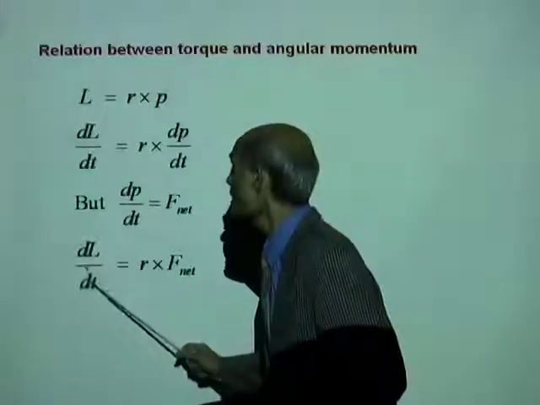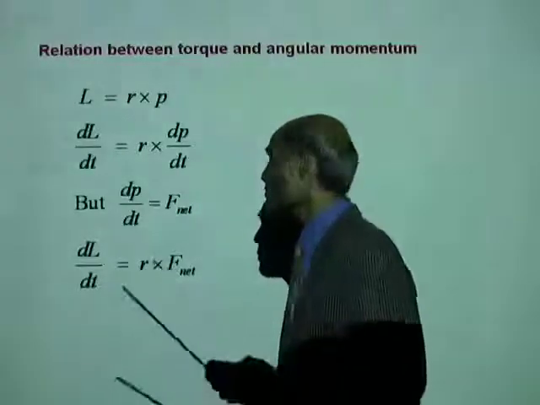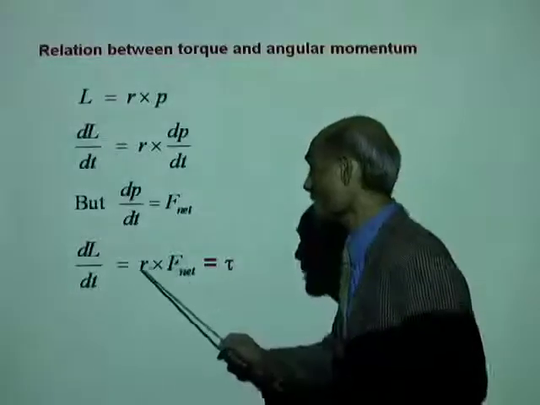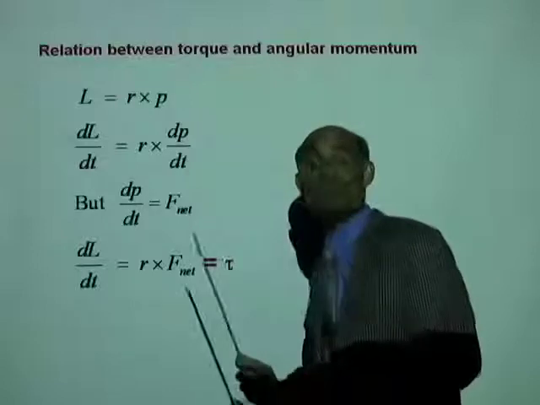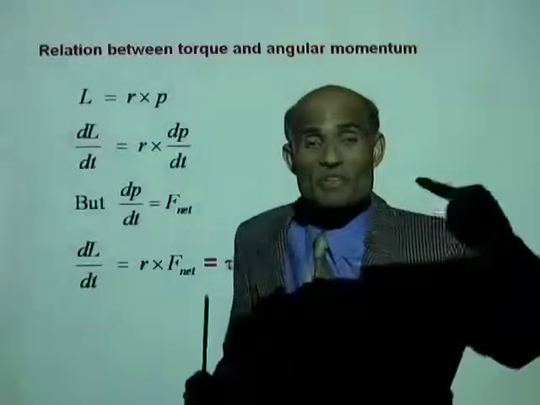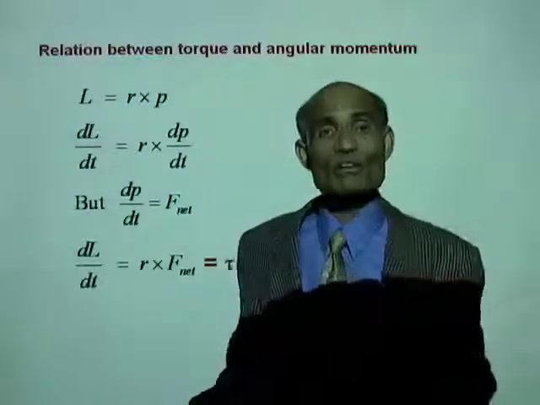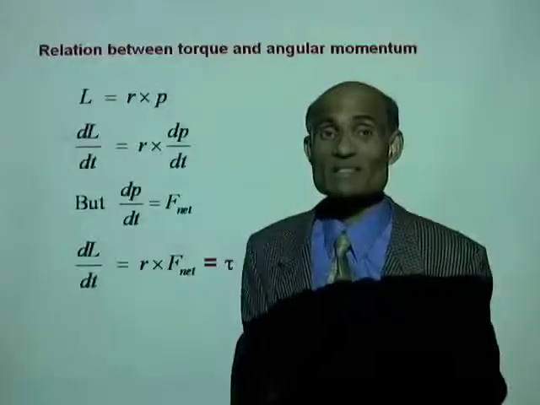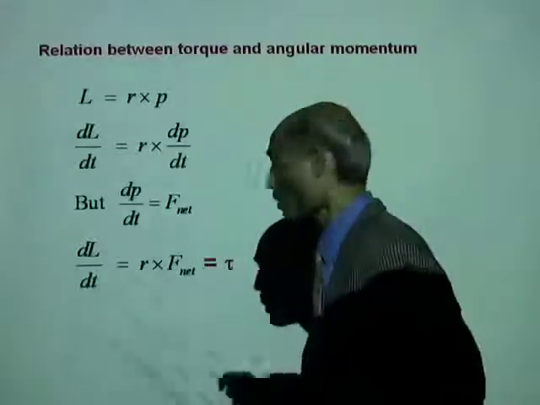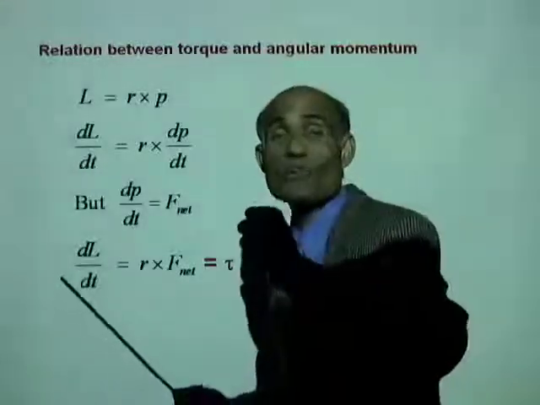Therefore, dL by dt equal to R cross F net. Well, R cross F net is what we call tau, torque, isn't it? Is that the definition we just did earlier on in part 1 of this lesson? Yes. Torque is R cross F.